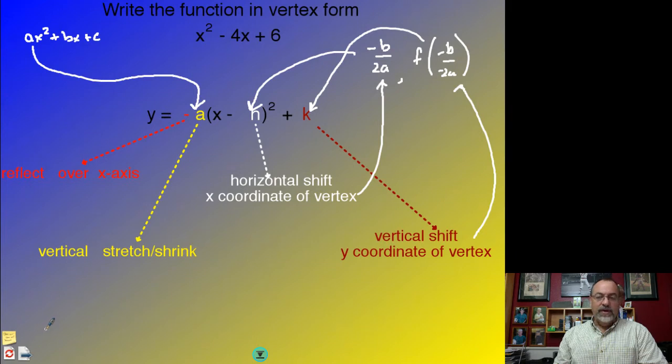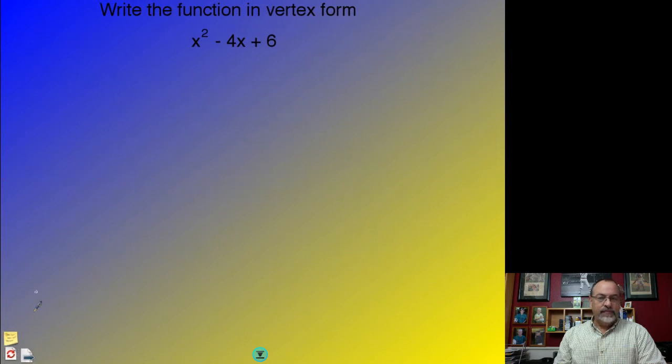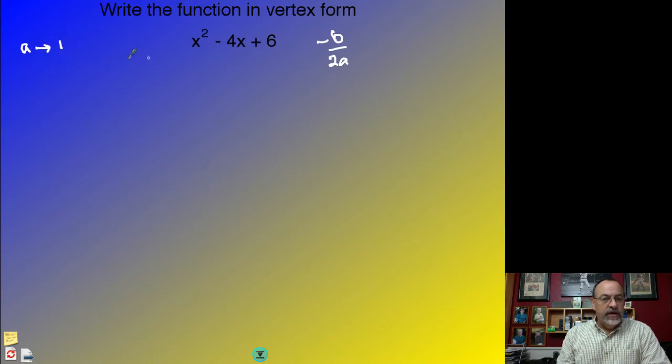A little bit more complicated than if the vertex is just given to us, but nothing that we can't handle anyways. Okay, so what would be the vertex form here? So I need to do the opposite of b over 2a in order to get the x value. So first, we always want to know what our a is. That's the number that's in front. The b here is -4, and the c here is 6.